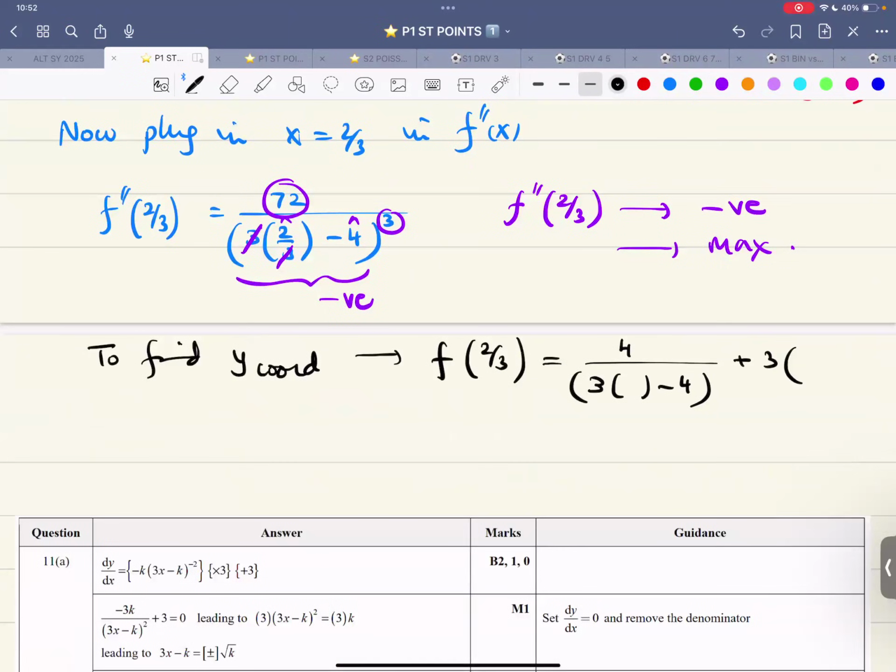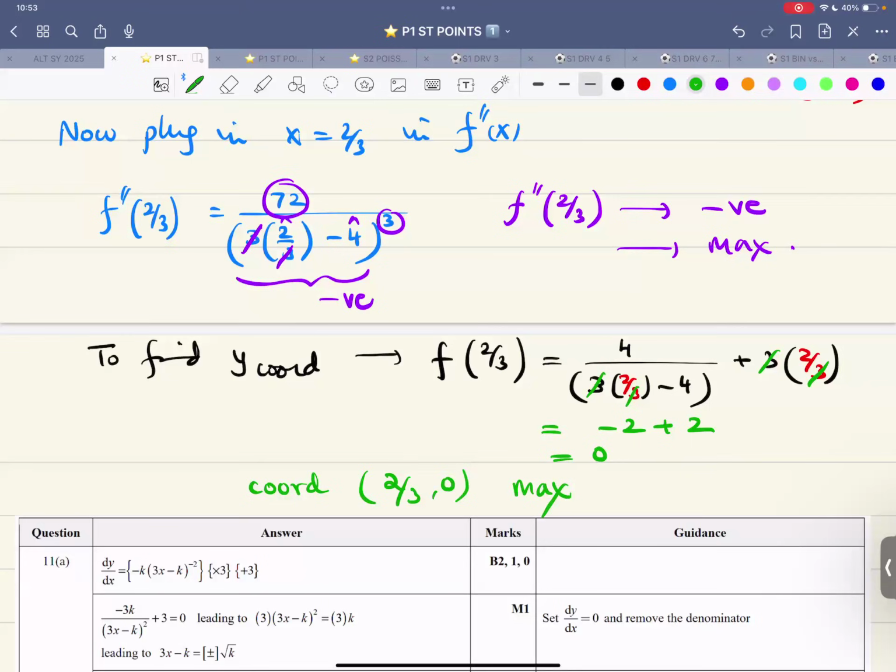So let me plug in 2/3 over here. Do the cancellation, 3, 3 cancels out. 2 minus 4 is negative 2. 4 over negative 2 is negative 2. And this is 2. This comes out to be 0. Therefore, the coordinate is 2/3 comma 0.